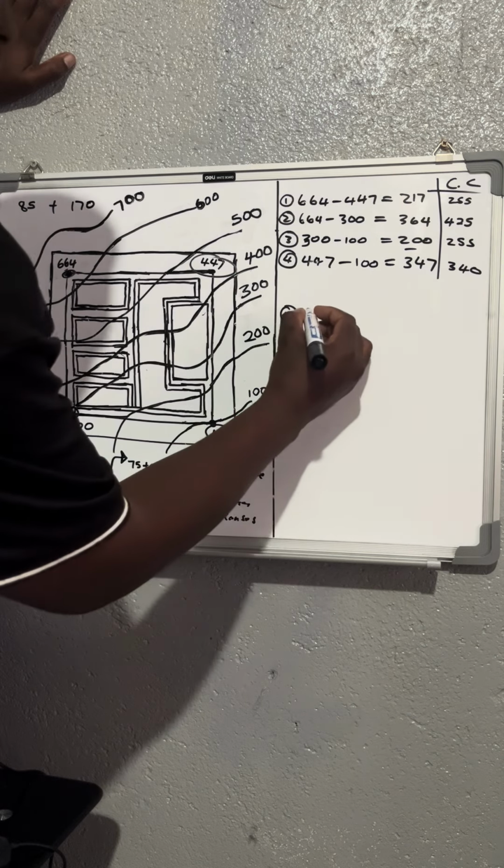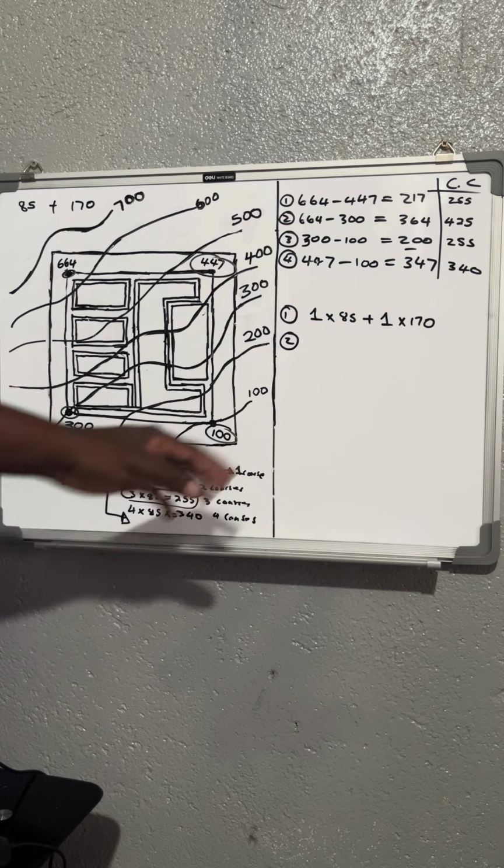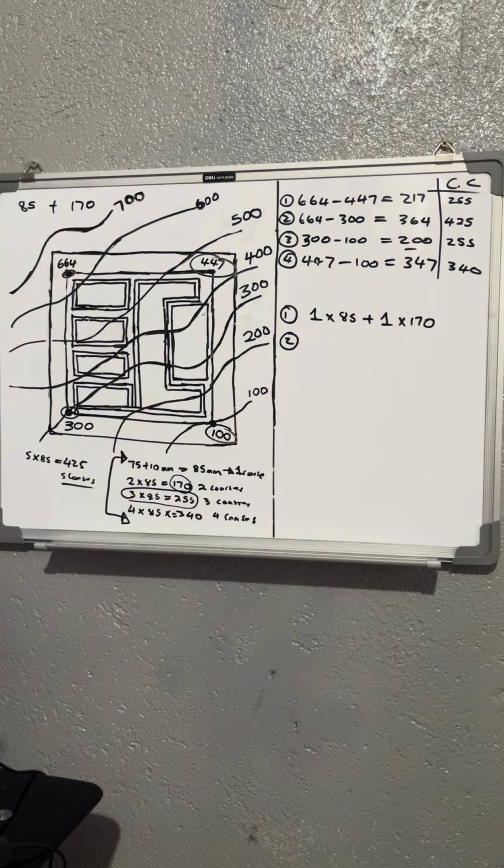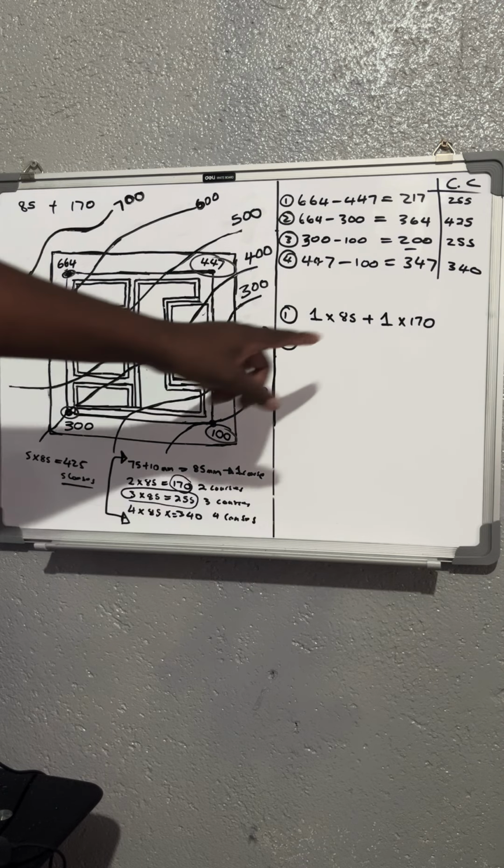Then this 1 times 85 and 1 times 170. I'm just trying to figure out how many steps for 85 am I going to have, how many steps for 170 am I going to have. Then we move to the second one and see, okay, we want to figure out a combination that will lead to 425.